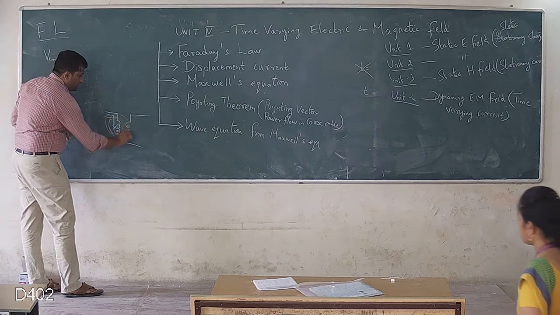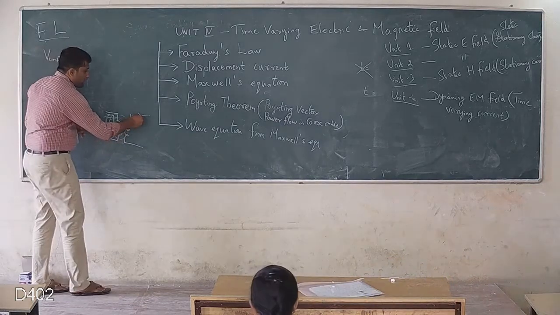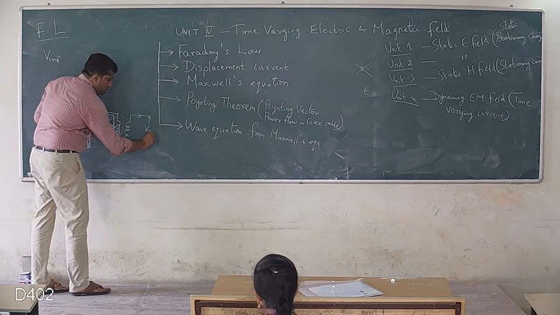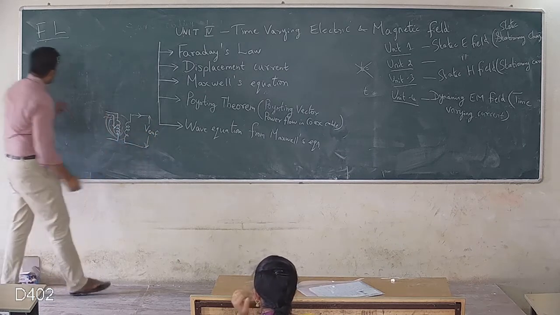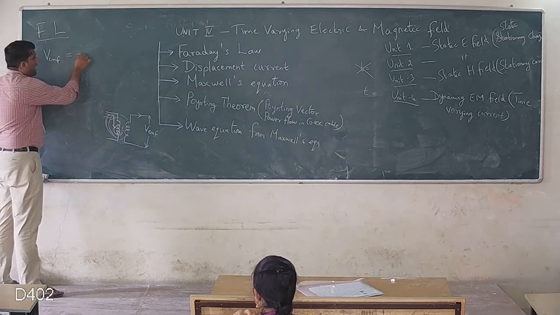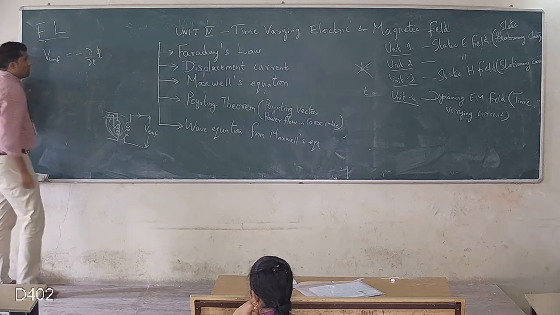This flux will cut the secondary terminal so that it will produce some current. The corresponding voltage is known as induced voltage, which is induced EMF. So we are relating that EMF here. V EMF is equal to negative rate of change of flux for a single turn.